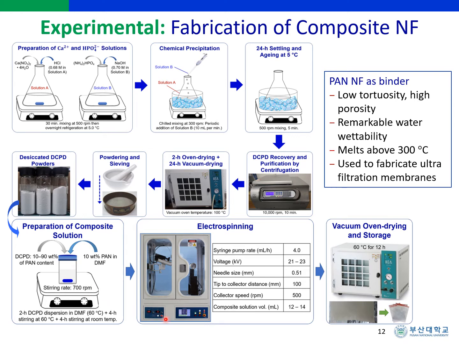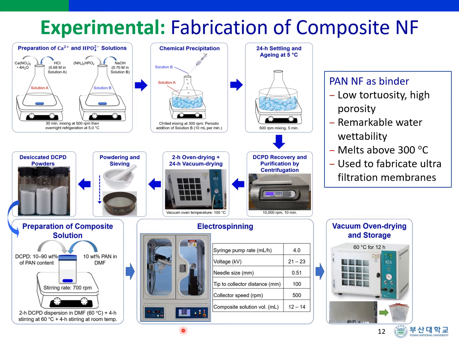A 10 ml polypropylene syringe with a 0.51 mm inner diameter needle was filled with a dope solution and fed into the syringe pump of the electrospinning system at a constant flow rate of 4 ml per hour. The tip-to-collector distance employed was 100 millimeters.